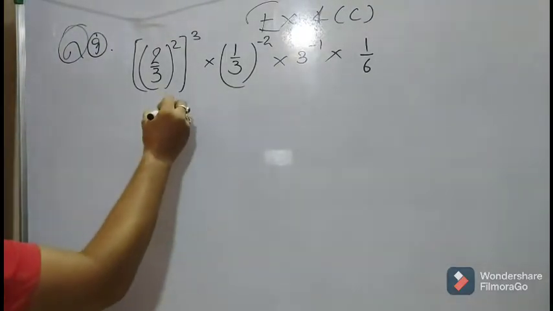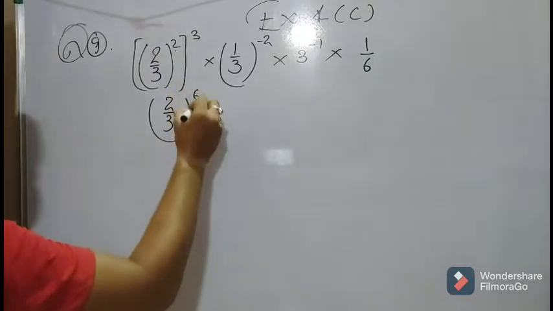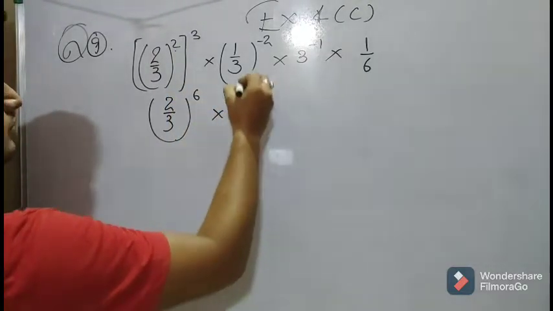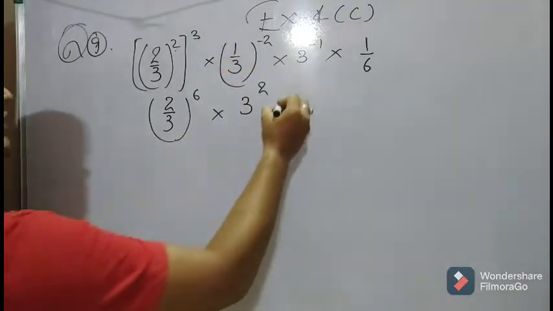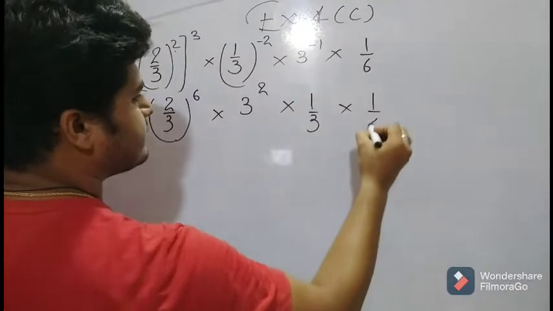So this will become (2 by 3) raised to the power 3 into 2, that is 6. This will become 3 to the power 2, because the power is negative, the fraction will be reversed, and this will become 1 by 3 multiplied by 1 by 6.